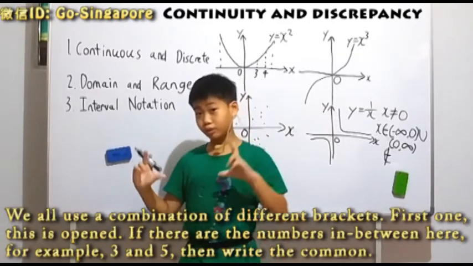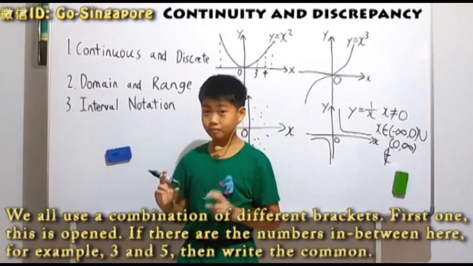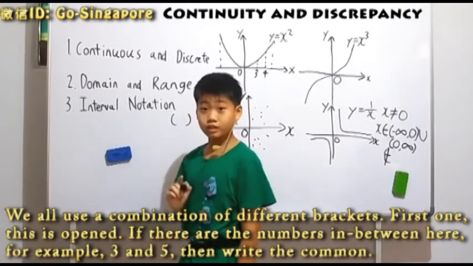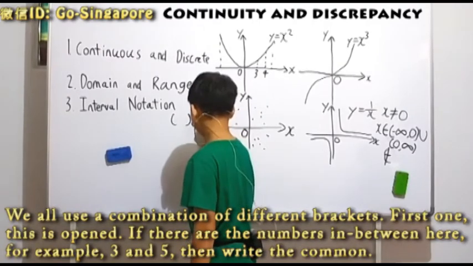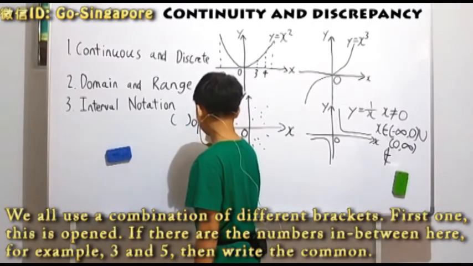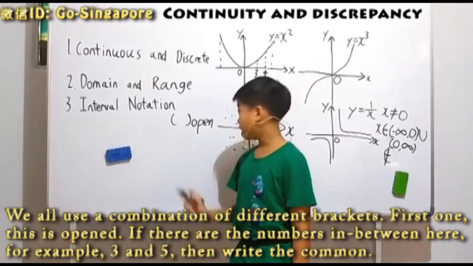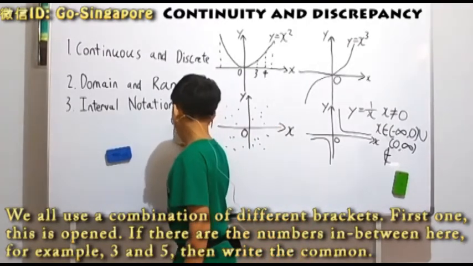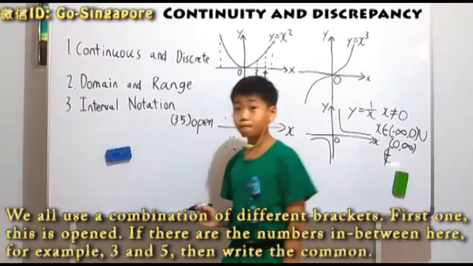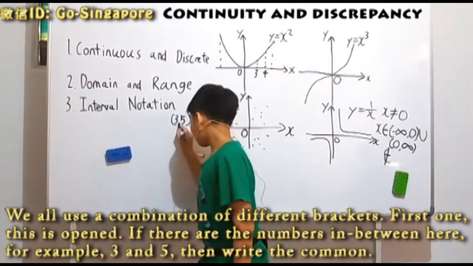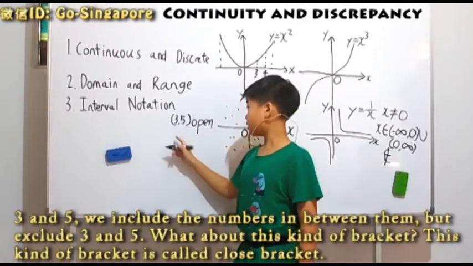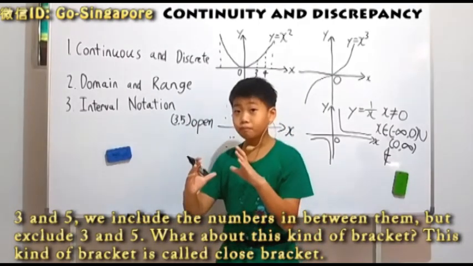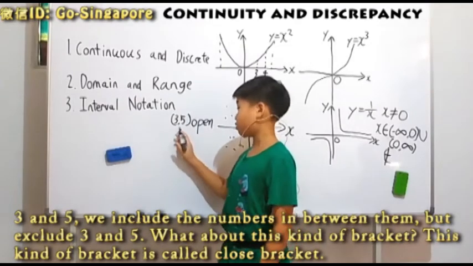We all use a combination of different brackets. First one, this is interval 3 and 5. Then your comma. 3 and 5. We include the numbers between them, but exclude 3 and 5.